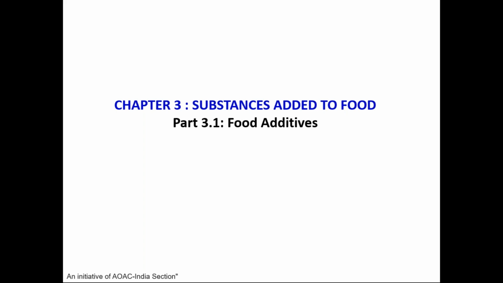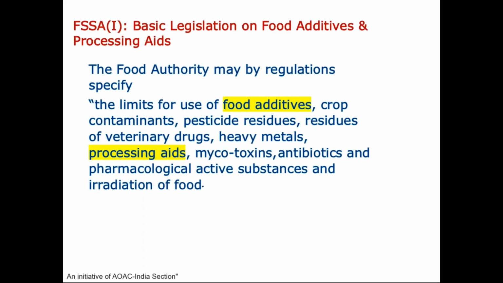We have gone through this in detail in a webinar on food additives, where we discussed what food additives are, how the food additive limits are set, and the safety of food additives. But let us have a recap of what we have done.